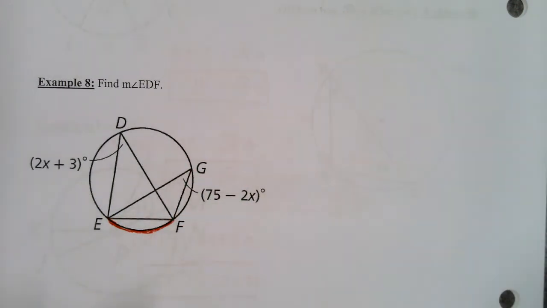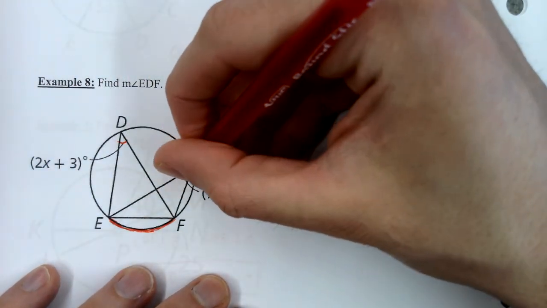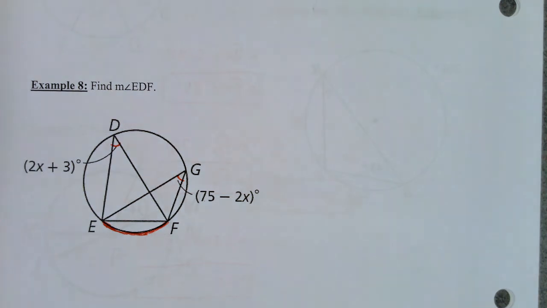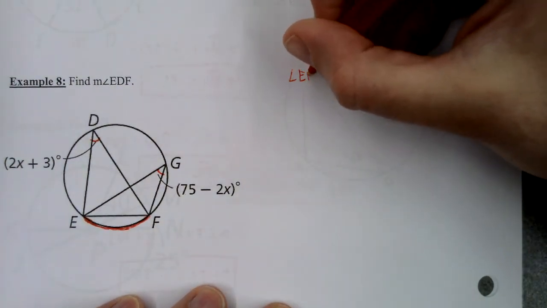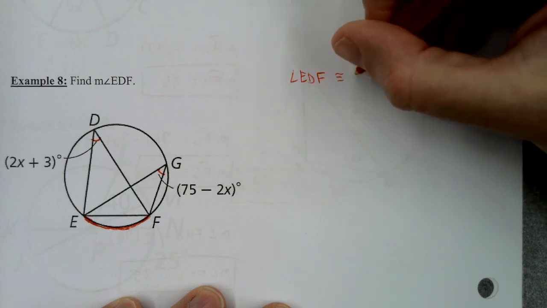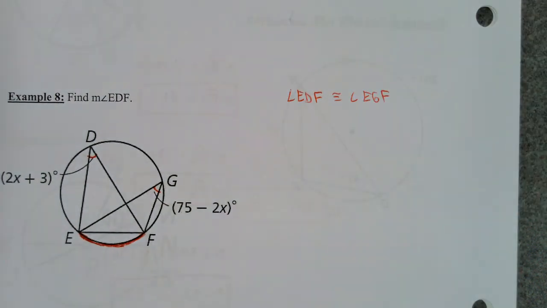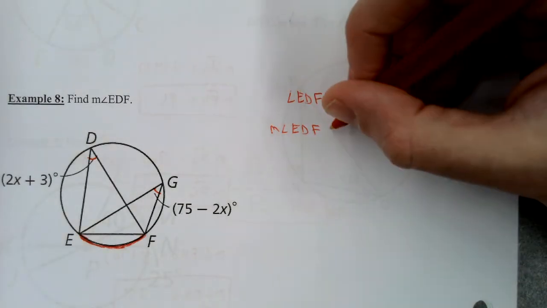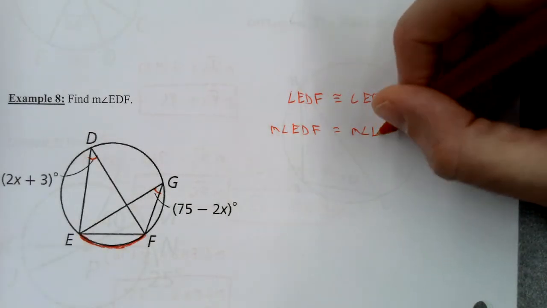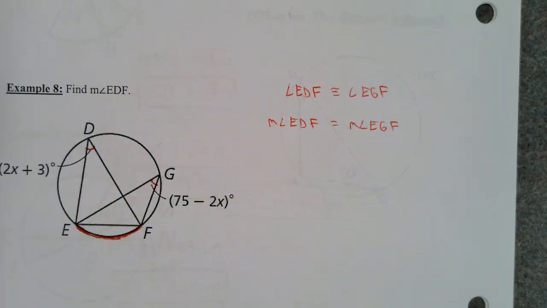So since these two angles are inscribed in the same arc, the two angles have to be congruent. So angle EDF is congruent to angle EGF, which means the measures are equal. Set them equal and solve for x, and then you can find the angle.